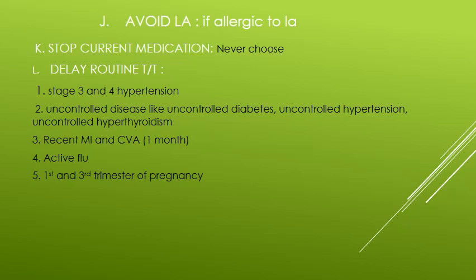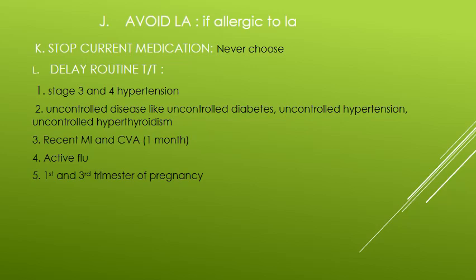In uncontrolled diseases, you will delay the routine treatment. For example, a patient with uncontrolled diabetes, when HbA1c is more than 7%. So try to correlate these things. Uncontrolled diseases, like uncontrolled diabetes, uncontrolled hypertension, uncontrolled hyperthyroidism, you will delay routine treatment.